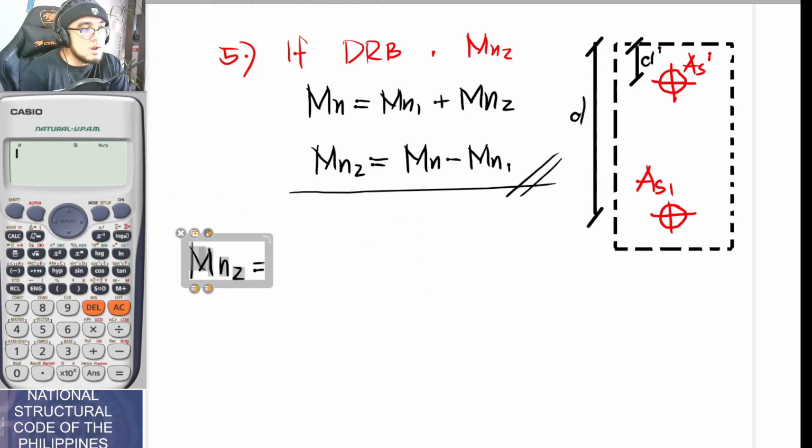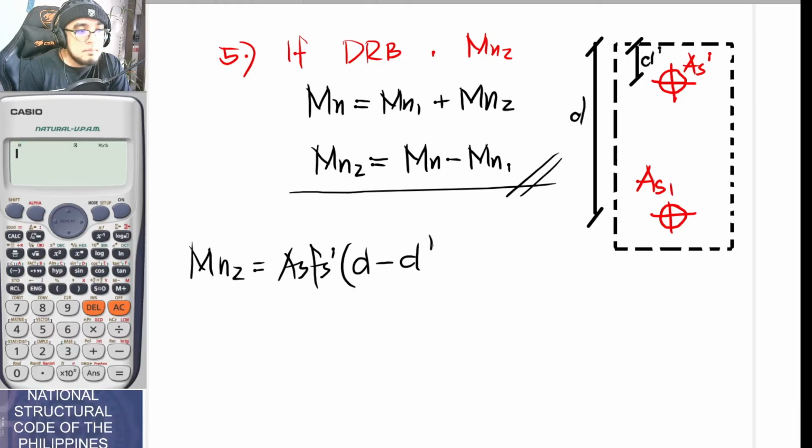So with that, guys, our MN2 is now equal to, once again, getting the summation of moment about this point, AS prime, Fs prime, times d minus d prime. That's it. And you have two unknowns here actually.